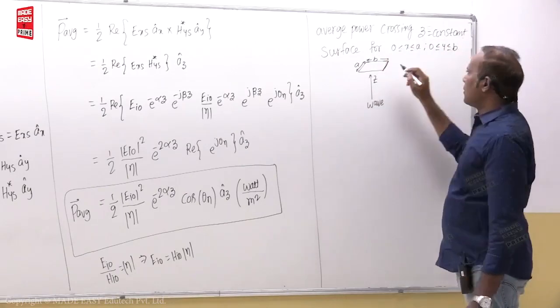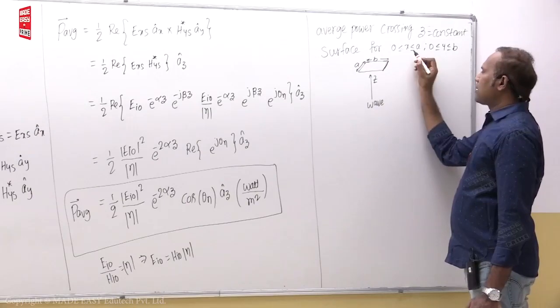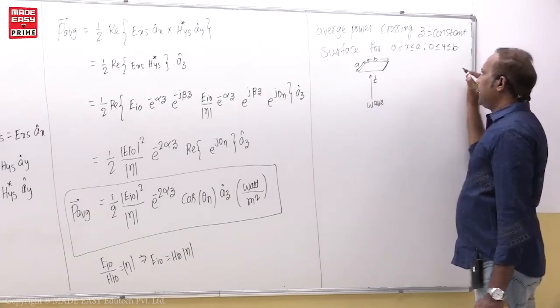Average power crossing z is equal to constant surface for x value 0 to a and y value 0 to b.